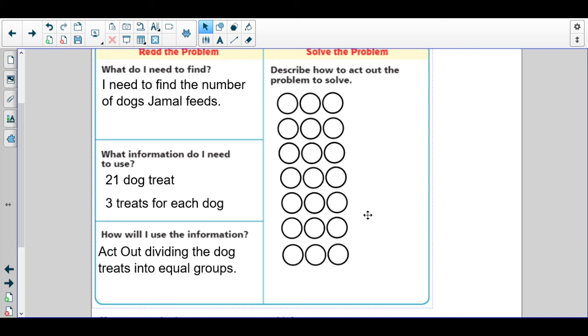So I've got these 21 right here. I need to divide them up so that each dog is going to get 3 treats. So then how many dogs do we have? Well, we kind of did the problem right here. Here is 1 dog.